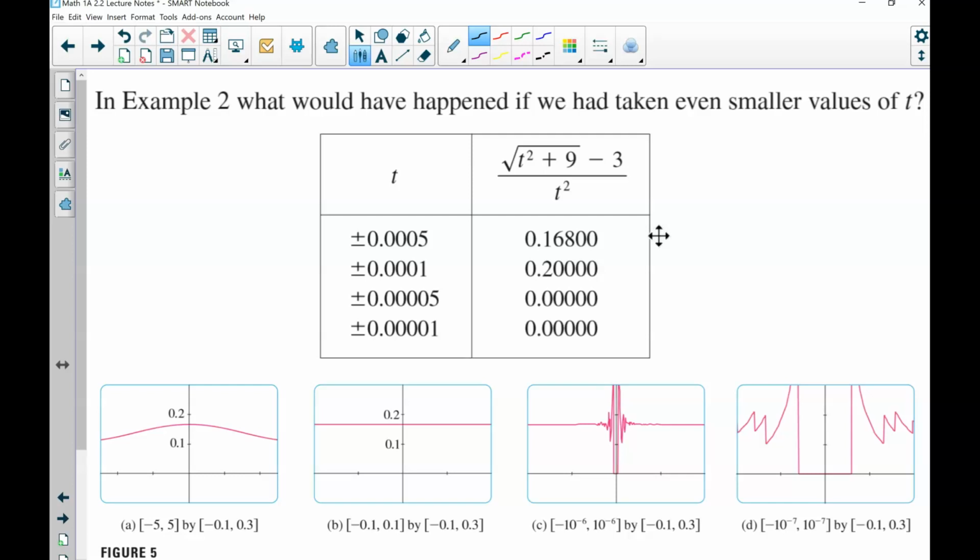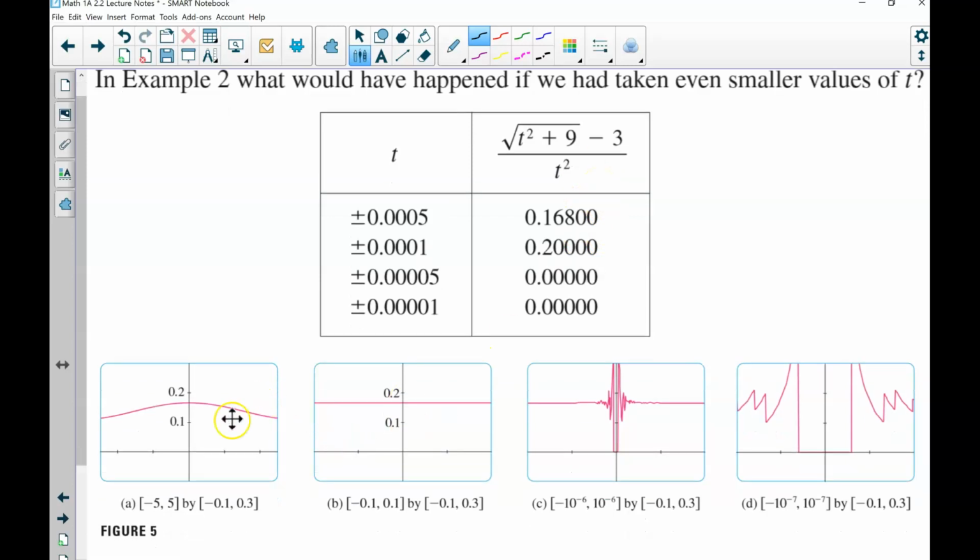Something similar happens when we try to graph that function, square root of t squared plus 9 minus 3 over t squared, on a graphing calculator or on a computer. If we look at parts A and B, they show quite accurate graphs of the function f, and when we use the trace mode, we can estimate that the limit is about 1/6.